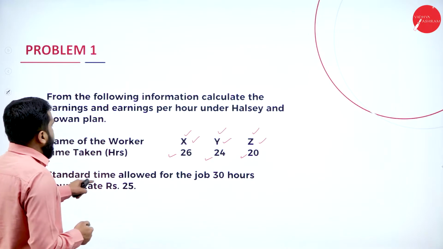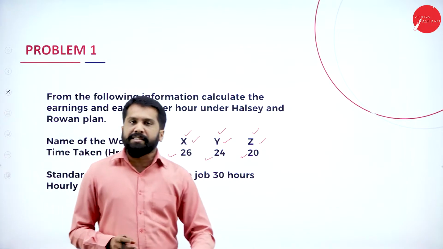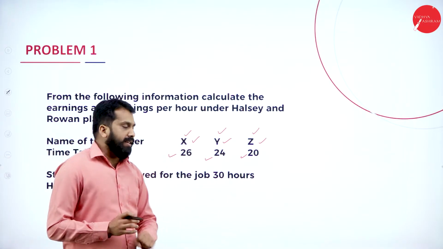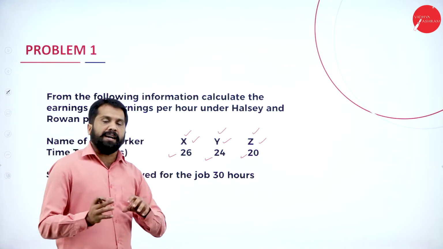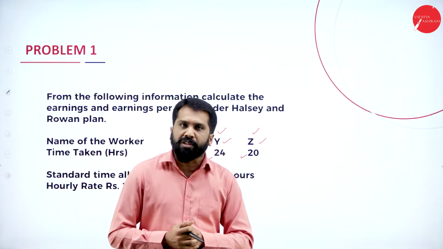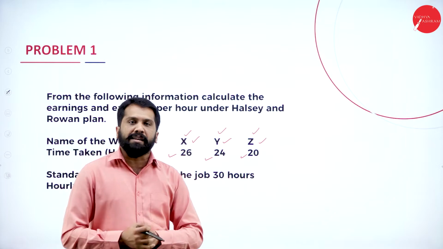Now, standard time allowed for the job. They are assigned a certain job, like they were given some targets, like in this time you are supposed to complete this much of production, or you have to produce some units within this certain time.